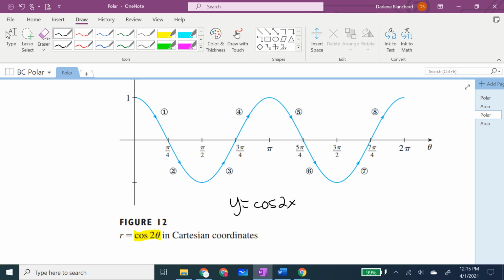If x is being multiplied by 2, take the parent graph's x values and do the opposite operation, and you will get what happens. So it is squishing it by 2, and so you get a full cosine cycle in 1 pi.